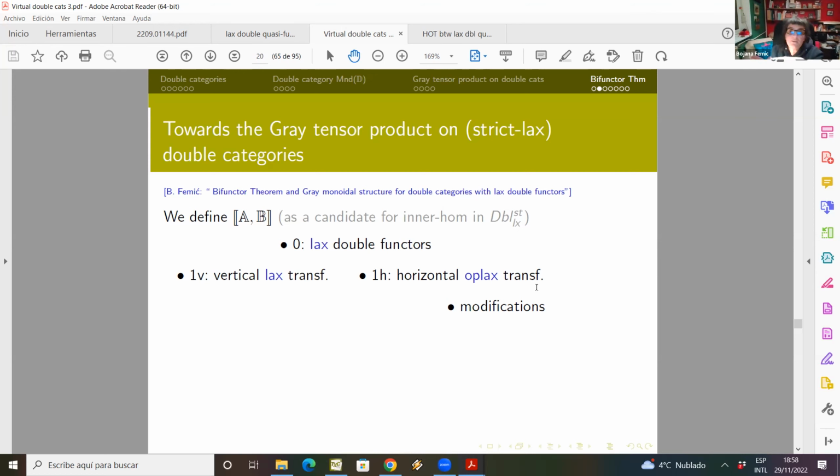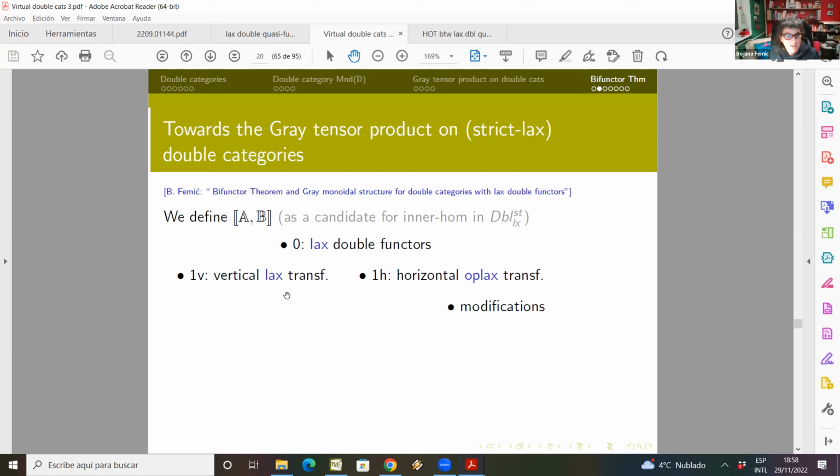And if you do the same, but considering horizontally globular, in one direction or the other, you get then vertical transformations. I think that Christina already in her talk also mentioned this kind of stuff without really defining everything. And then lax or op-lax speaks about if you look from top to bottom or from bottom to top, or left to right and vice versa.